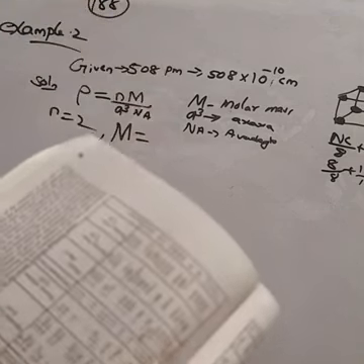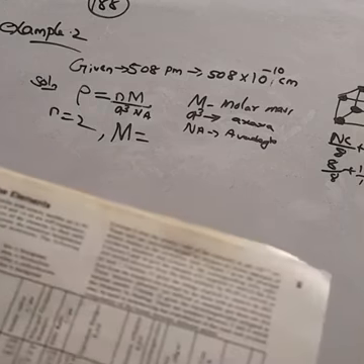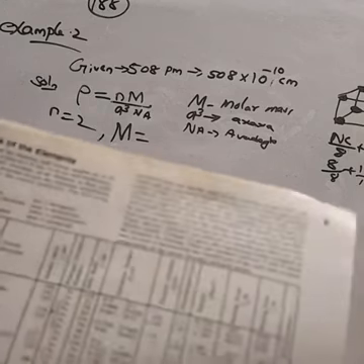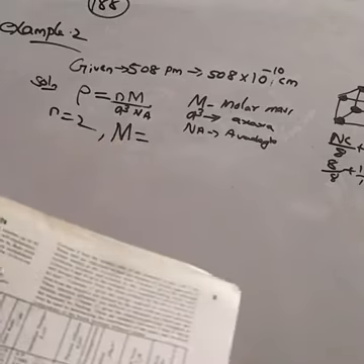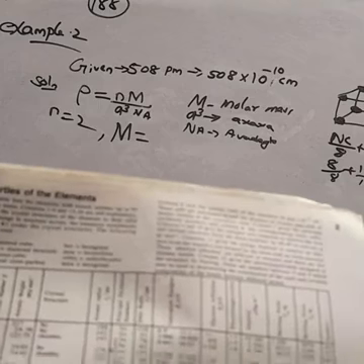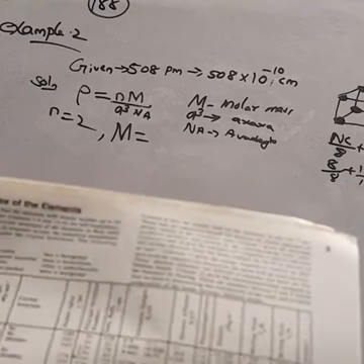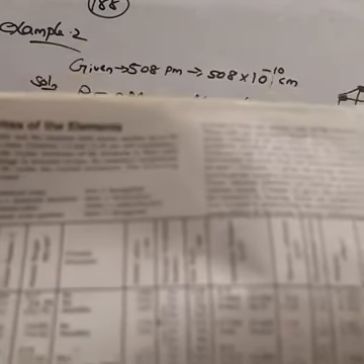Here the properties of the elements are given: the name, atomic number, atomic weight, crystal structure, and atomic radius. Everything is given, expressed in atomic weight.